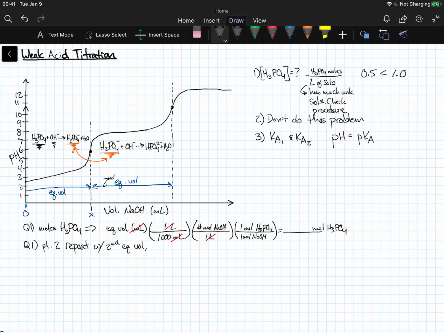We say the pH is equal to the pKa plus the log of the ratio of the concentration of the conjugate weak base over its weak acid. So we have A- over HA. What happens is that at the half equivalence volume, or the half equivalence point, the concentration of A- is equal to the concentration of HA.